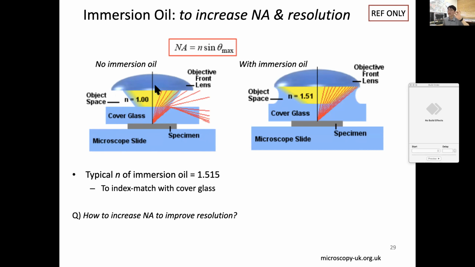So what happens if the object space is air versus, let's say, oil with n equal 1.5 to 1? The rays coming from here, from Snell's law, will bend towards this way because this is a low refractive index compared to glass. Glass has almost 1.5 refractive index. So what happens is it bends towards the outside.